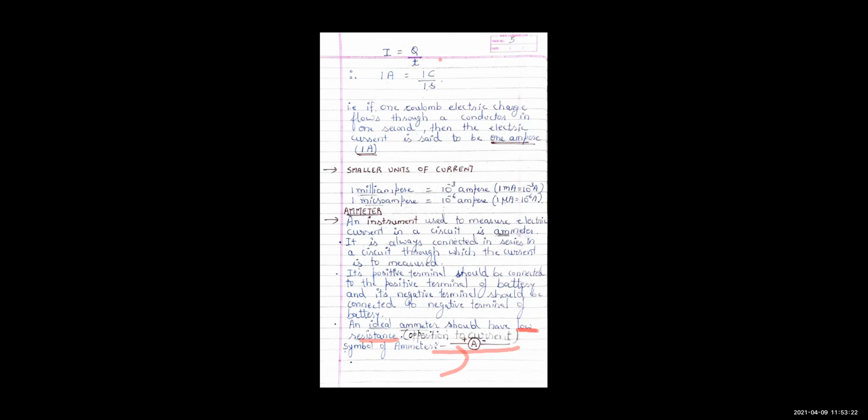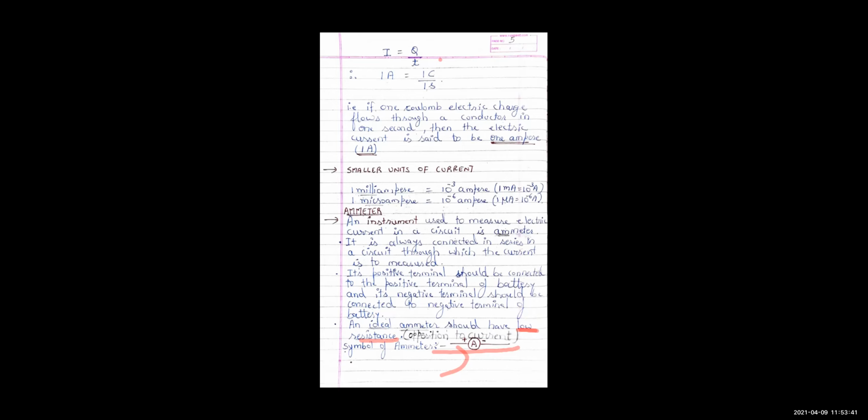But अगर current को opposition होगा तो सारा current pass नहीं होगा. So for an ideal ammeter, for an आदर्श ammeter, इसका resistance opposition कैसा होना चाहिए? Very very low. It should be low, right? So this is about your ammeter.